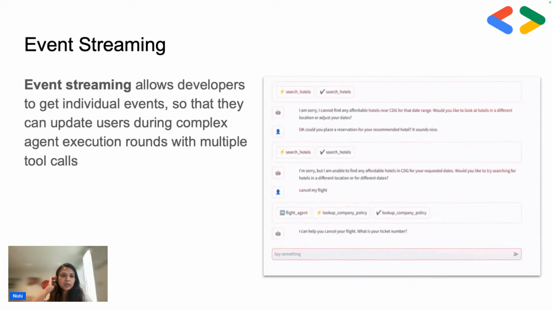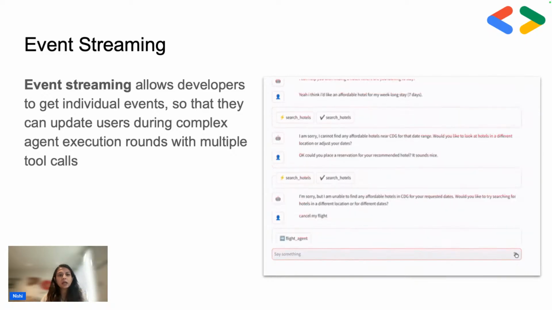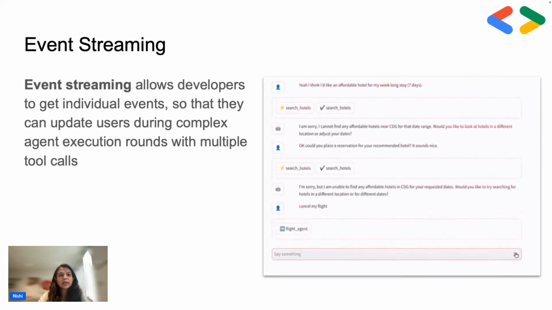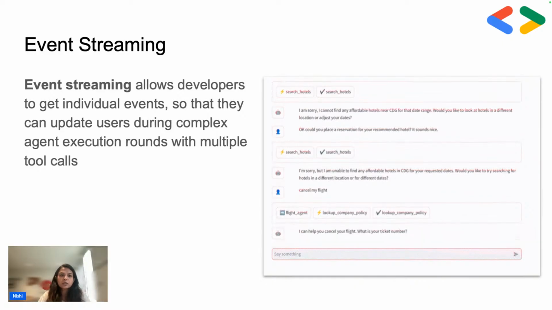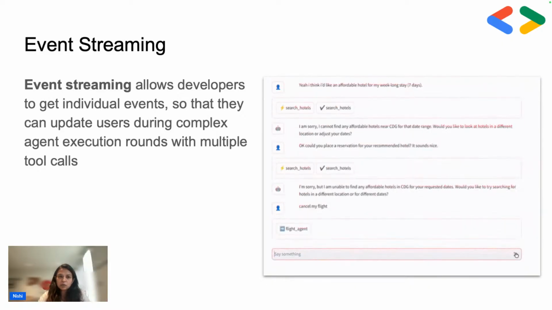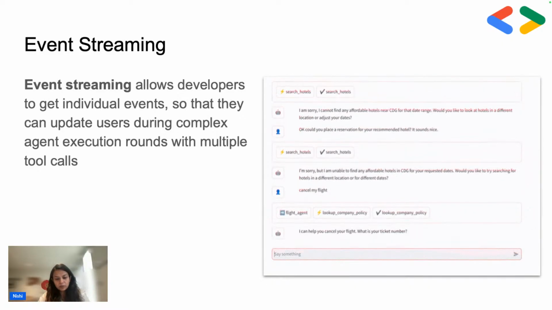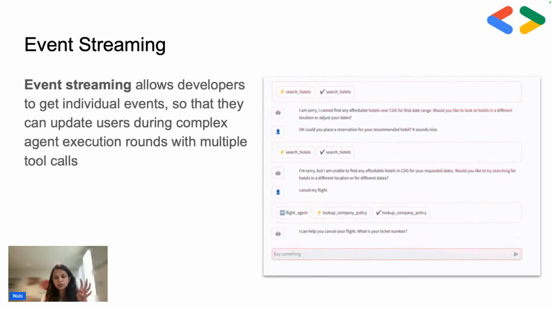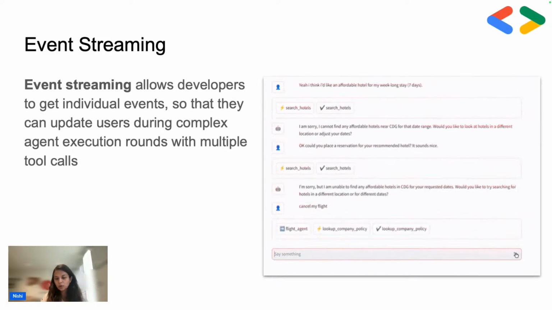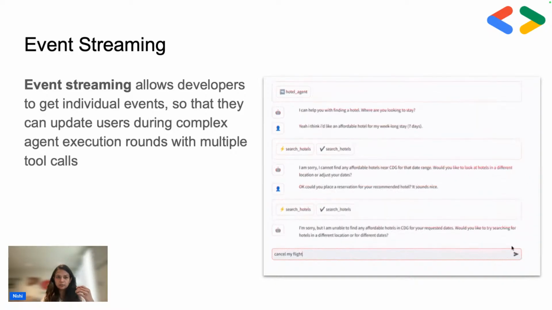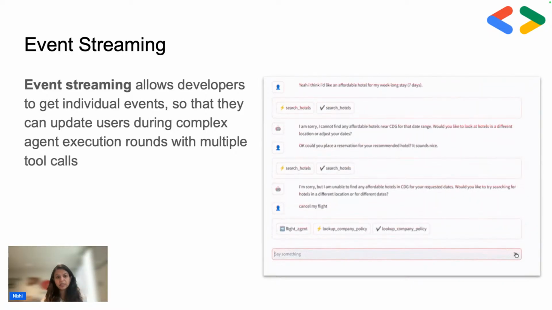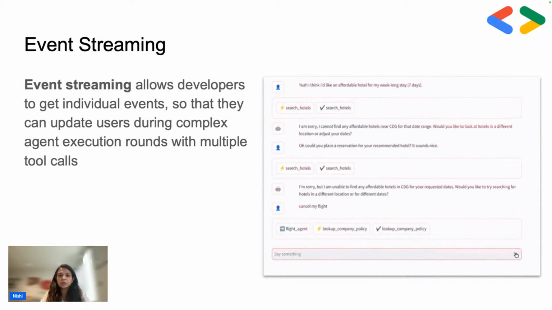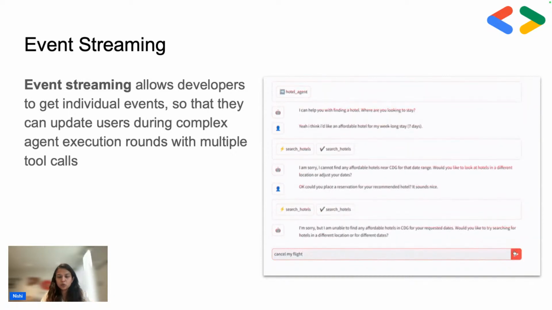Then moving on to event streaming. Event streaming allows developers to get individual events so that they can update users during complex agent executions. Let's say the agent started processing your query. Now it has decided that it has to make these two parallel tool calls. Then it emits events saying, okay, these are the tool calls which I'm going to do, these are the parameters which I'm going to use to make those tool calls.